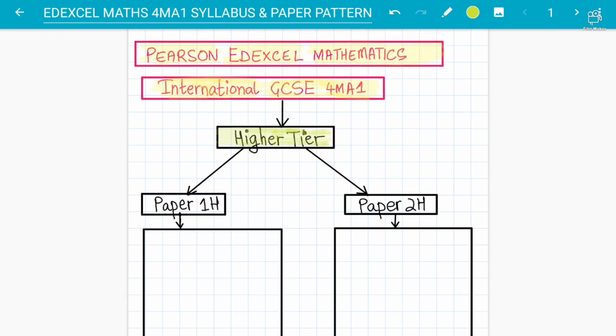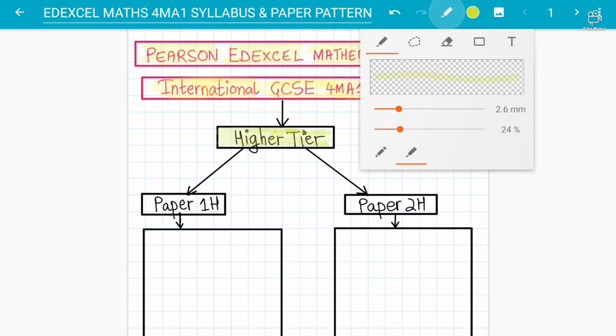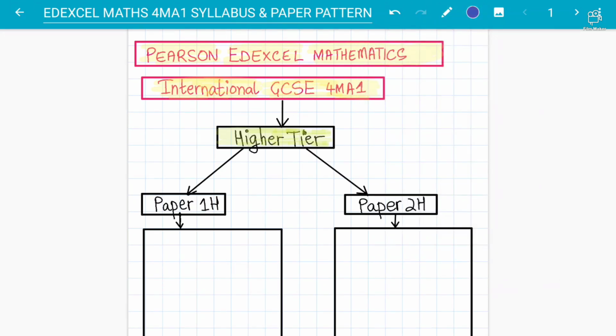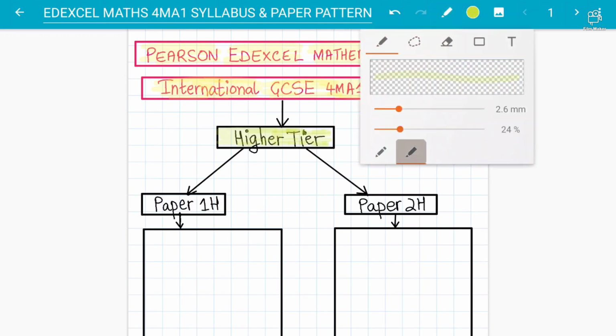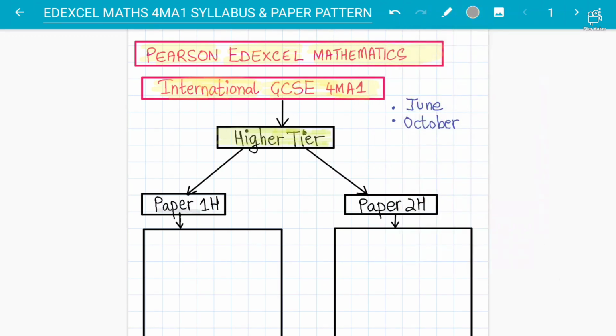So let's get started. Students need to understand that now the exam only happens in June and October. Okay, so January is discontinued, sir. So the exam only happens in the June and October series for this Pearson Edexcel mathematics for MA1, and we have basically two papers. Okay, so we have paper 1H and paper 2H.